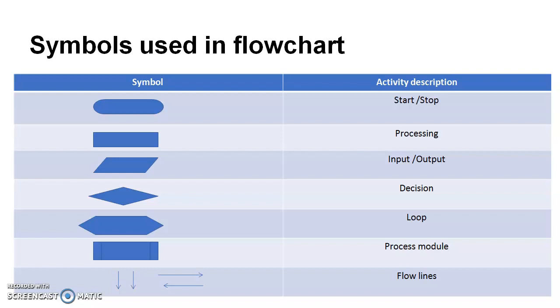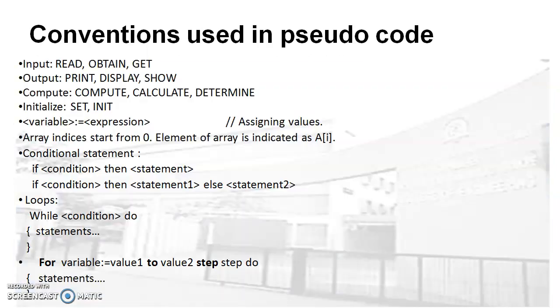Apart from these flow lines, you also have connectors used to indicate the connection of various symbols in the flowchart from one page to another page, or even on-page connectors to continue the flowchart on the same page. Now let's have a look at the standard conventions that are being used in the pseudocode.